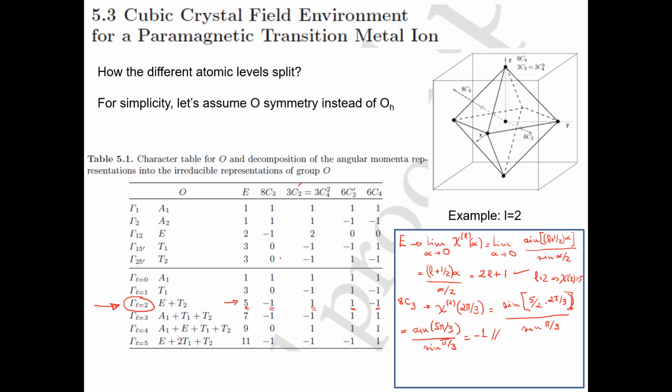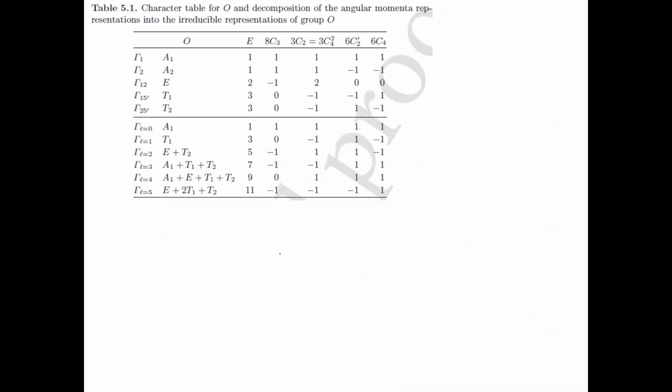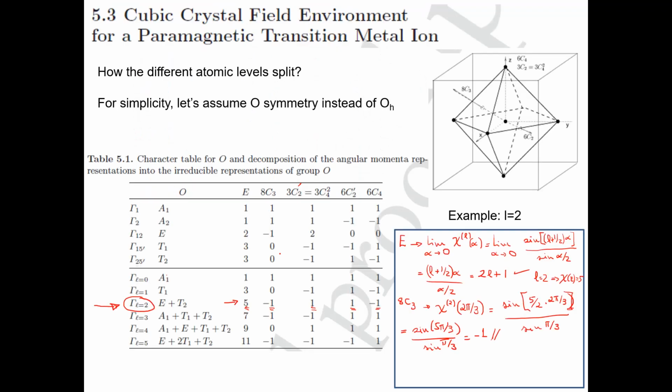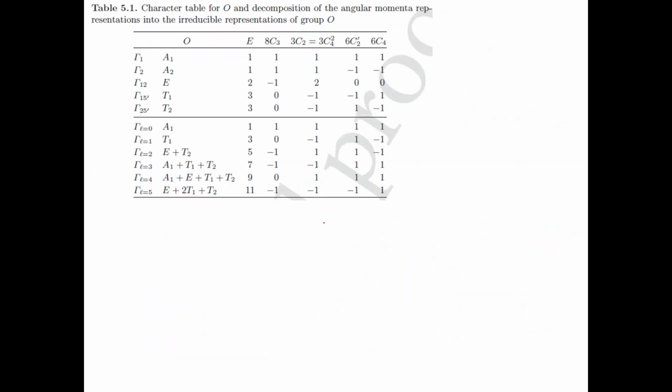Okay. So what we want to do now is to see how the different atomic levels split. So what we need to do, let me reproduce again the same table here in the next slide.